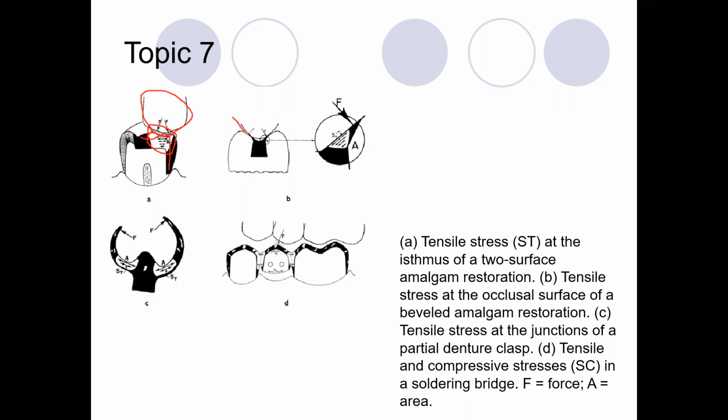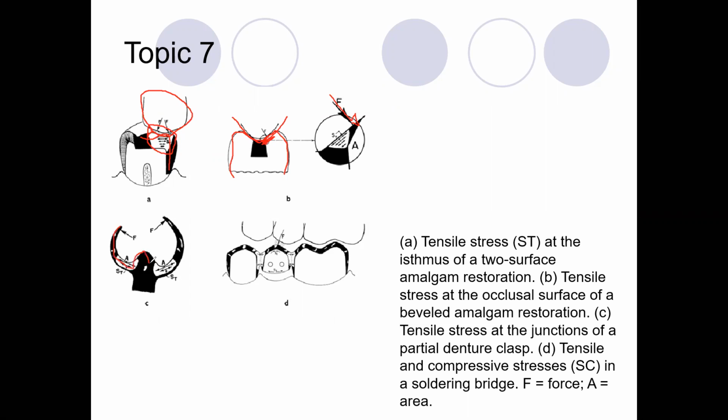Here is again interaction between two teeth, and we have again tensile stress, and in that part we have the applied force, and here we have that stress in that area.